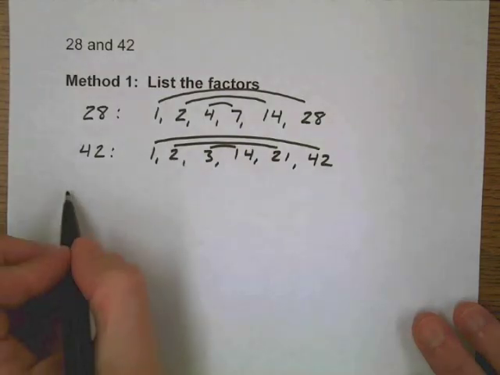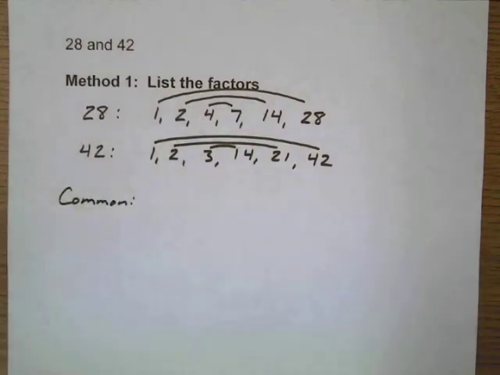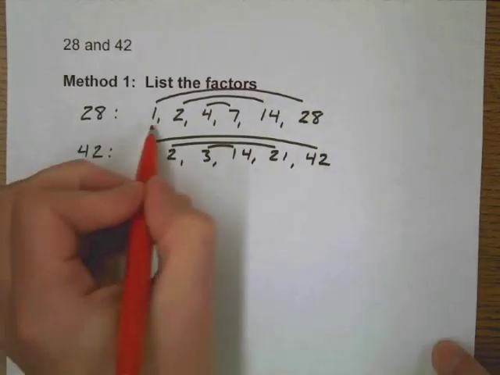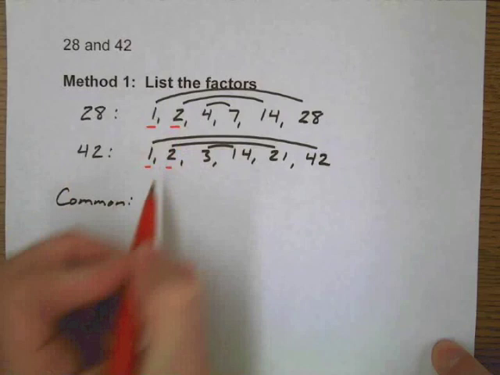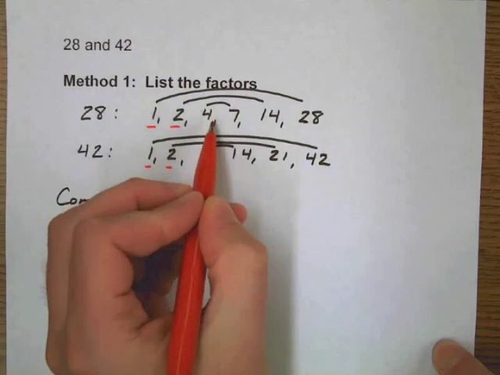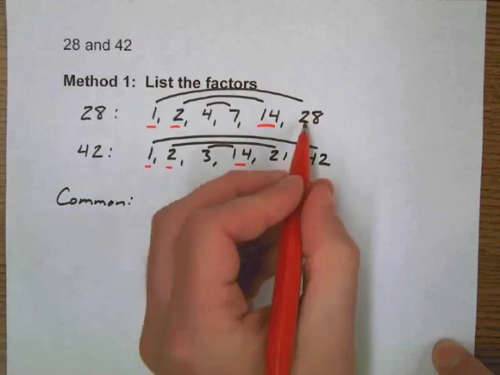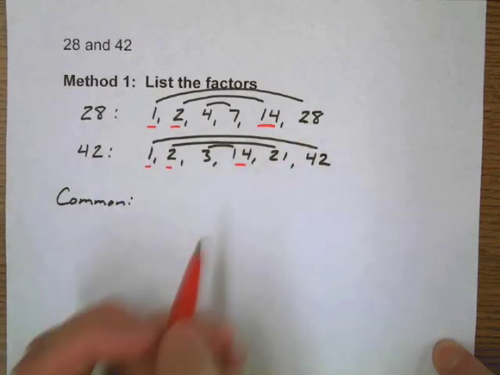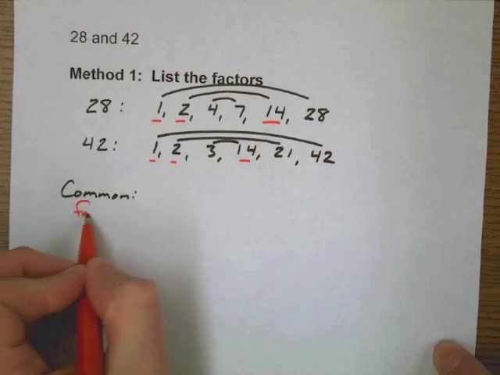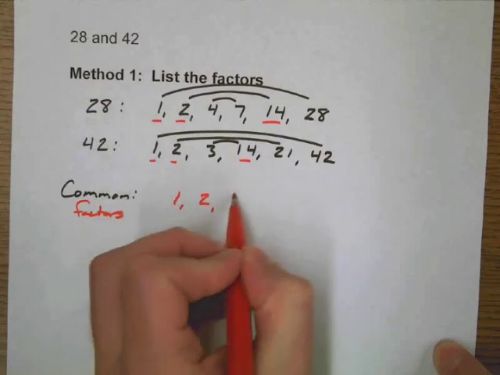And the common ones, what I have in common, the common factors are, well, 1, 2, is 3 a common factor? No. 4 a common factor? No. 7? No. 14 is. 21? No. 28? No. 42? No. So our common factors are 1, 2, and 14.